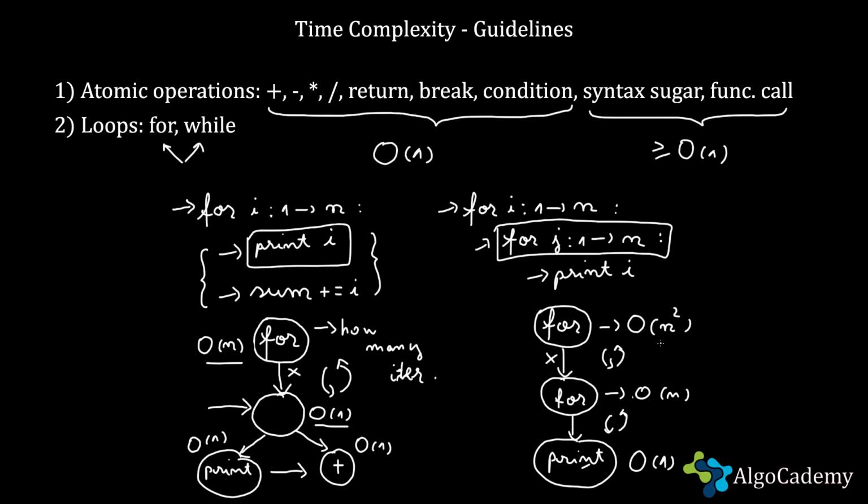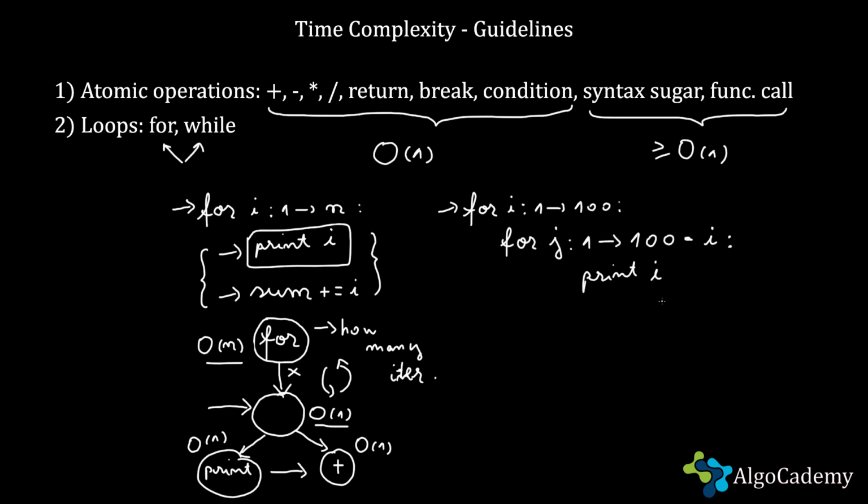But let's take a look at another algorithm. What would happen for this algorithm? i takes each and every value from 1 to 100, but j takes every value from 1 to 100 minus i. So actually, the number of iterations that this for loop is going to do is dependent on the value of i, right?